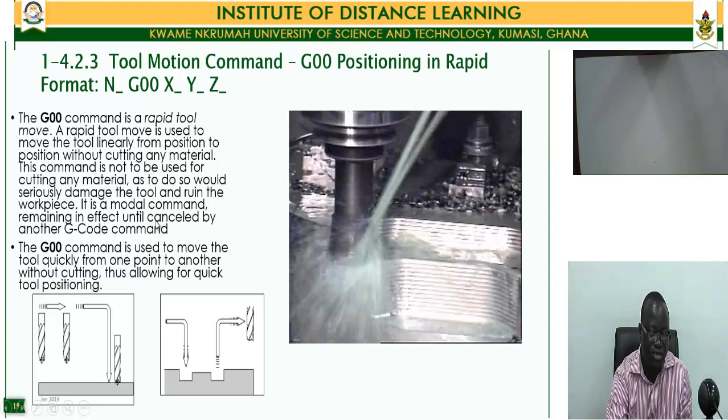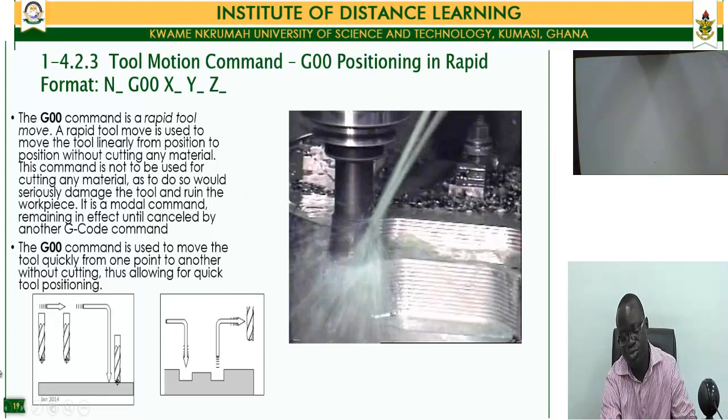And so the command actually is the G00, and G00 XYZ shows the coordinates: X coordinate value, Y coordinate value, and Z coordinate value. So it is actually a rapid tool movement.